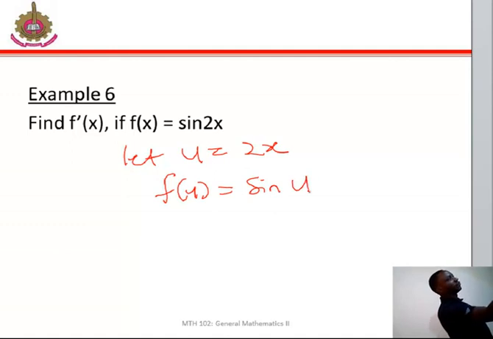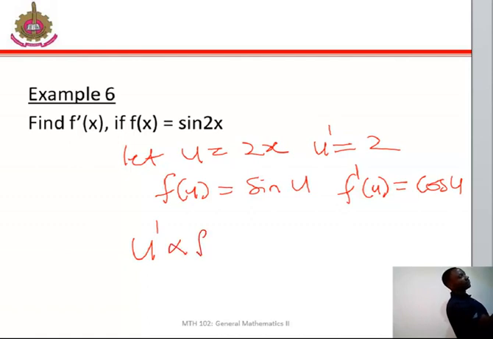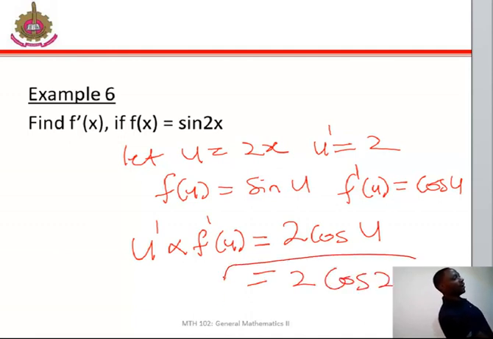Now derivative of u, that's u prime, is going to be 2, and derivative of f of u is going to be cos u. Then if you multiply derivative of u with derivative of f of u, you are going to get 2 cos u, and recall that u is 2x, then we have 2 cos 2x, which is going to be our answer.